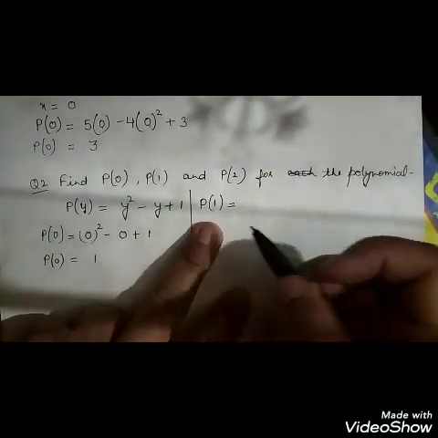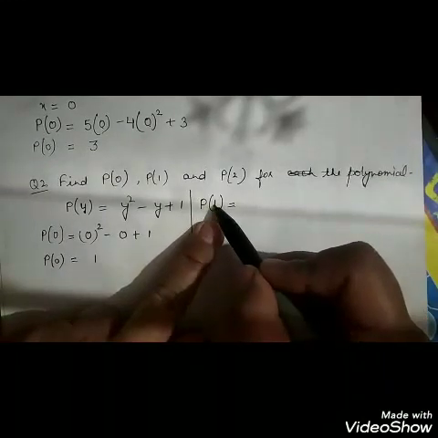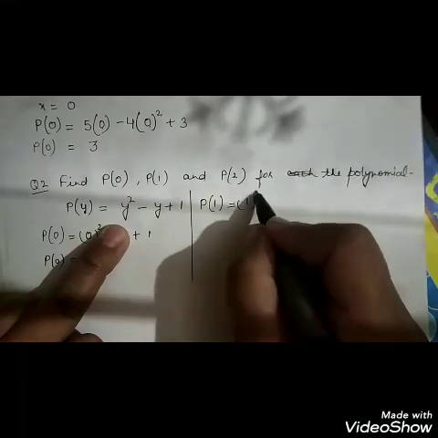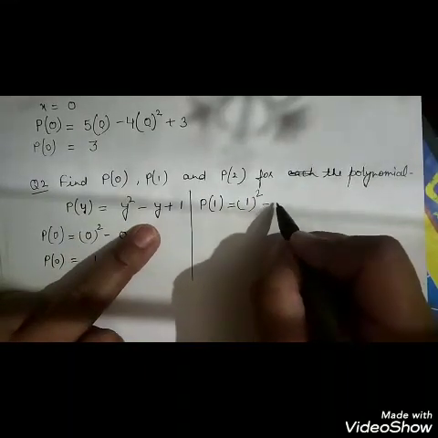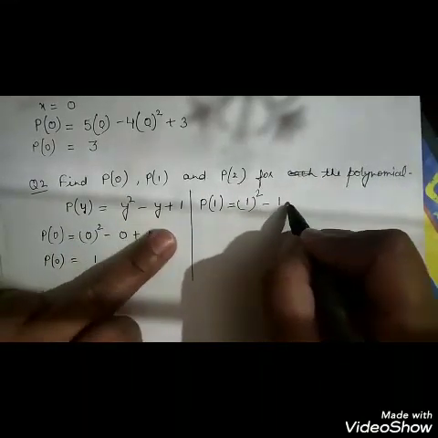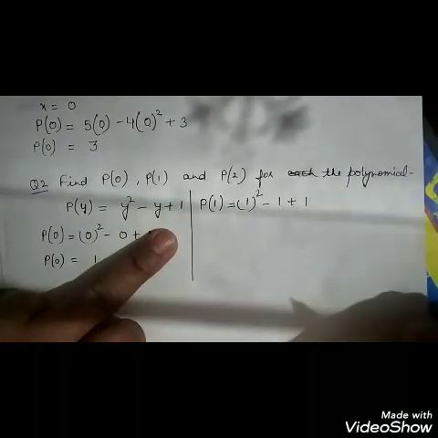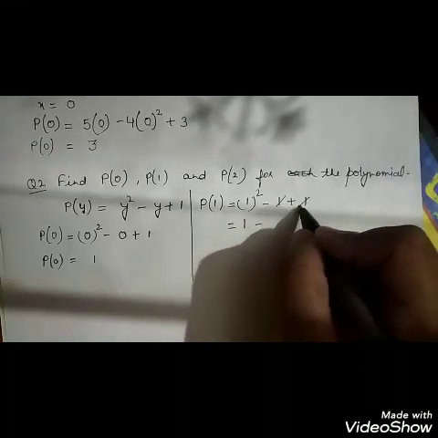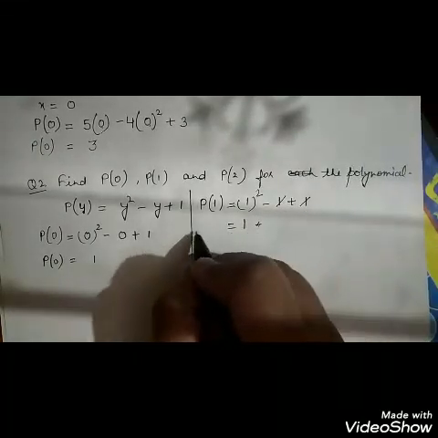To find p(1), we will substitute 1 in place of y. So we get 1² - 1 + 1. 1² is 1, minus 1 and plus 1 cancel out. So we get 1. p(1) = 1.